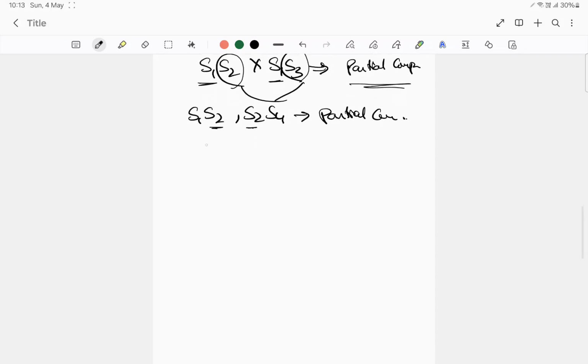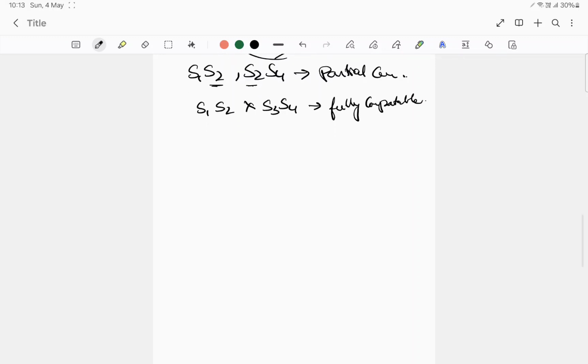Now S1 S2 crossed with S3 S4 is fully compatible. Have you understood?